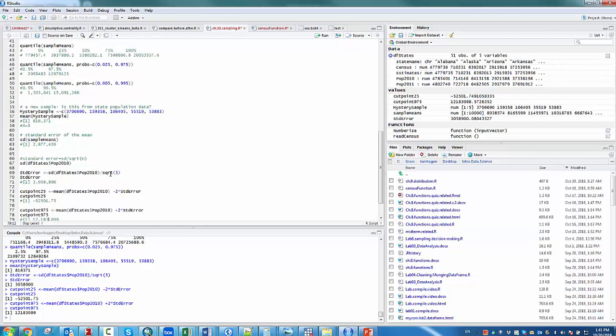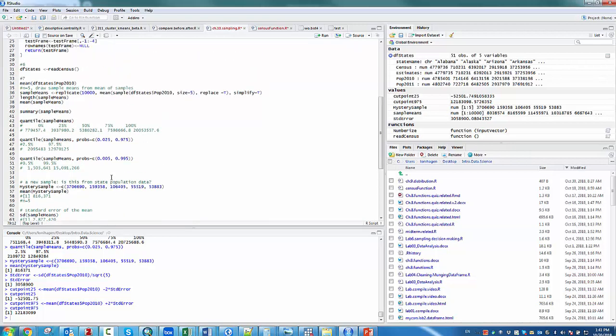That's a little bit odd, but since we have used a very small sample size, that's I think what we're seeing.